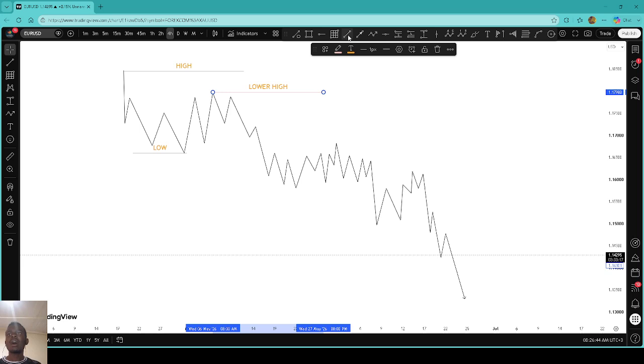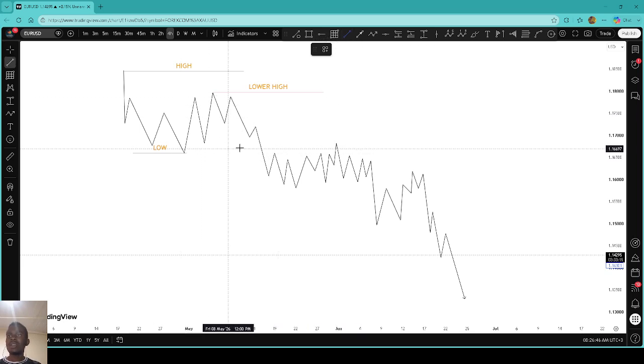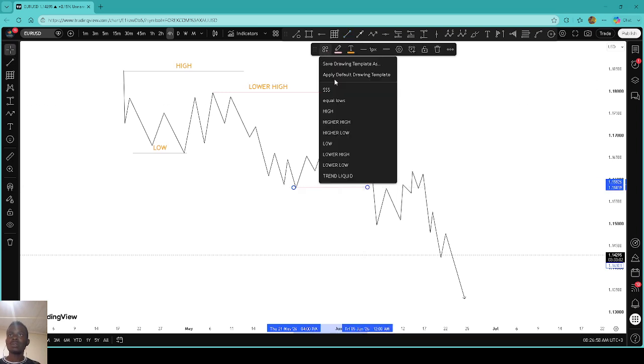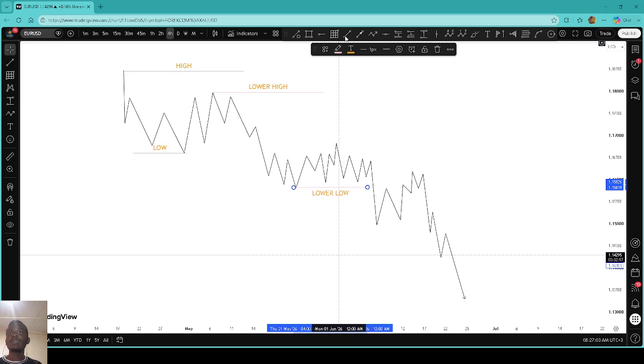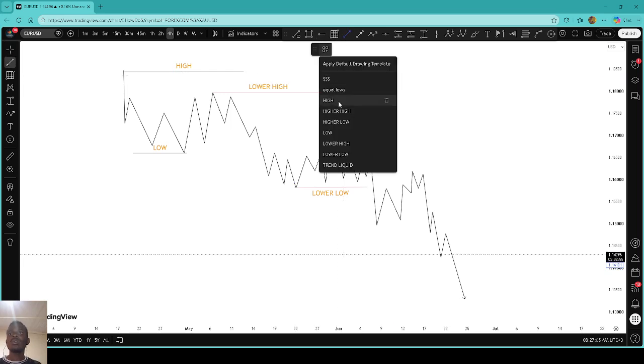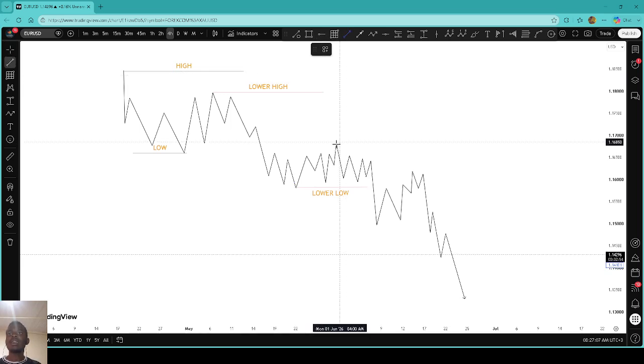Over here should be our lower high. We break this area. After breaking this area, this one becomes our lower low. After that becoming our lower low, we now have our lower high over here.